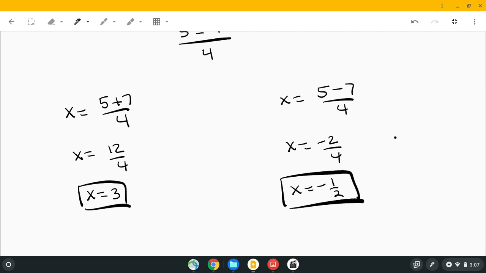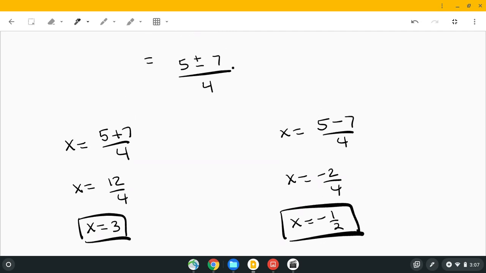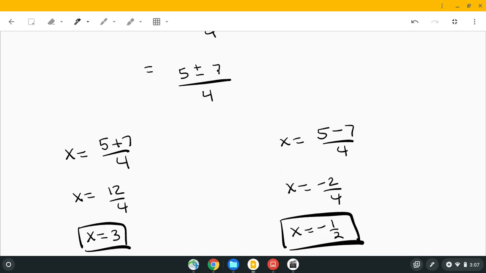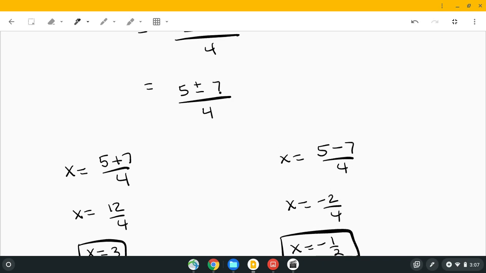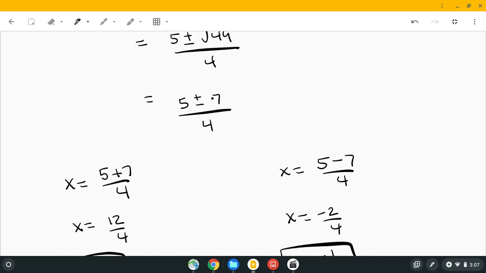Okay, and over here I get negative 2 over 4, so that is negative 1/2. Okay, and you would do this where you work out the addition problem and you work out the subtraction problem. You would do that only if your square root simplified to an integer.